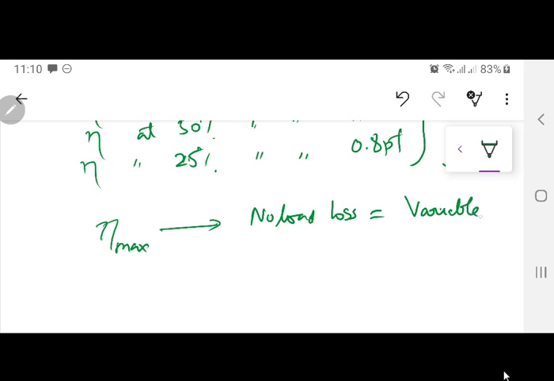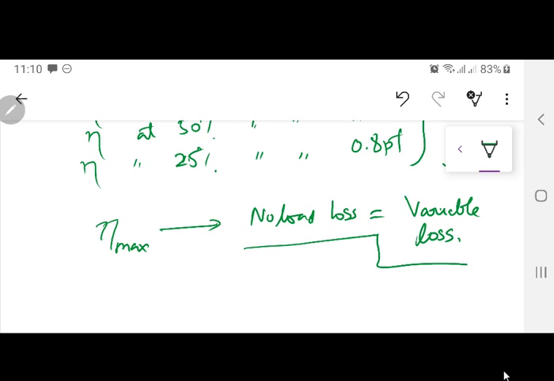I'm using a general word, variable. If I'm talking about a transformer, this means the copper losses, and if I'm talking about a motor generally, then the no load losses are the same core losses and all that, but variable loss can be different. Variable loss can be the winding losses, the bearing losses, depending upon the load. That's why I've used this word.